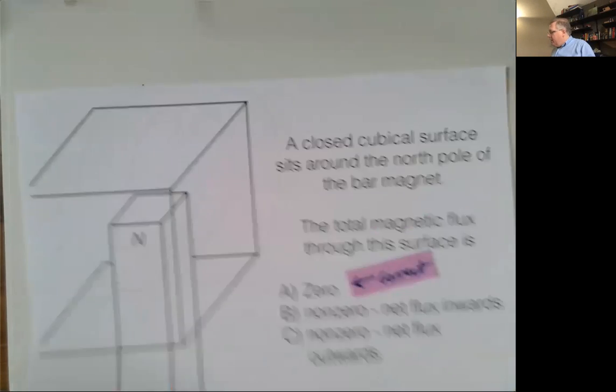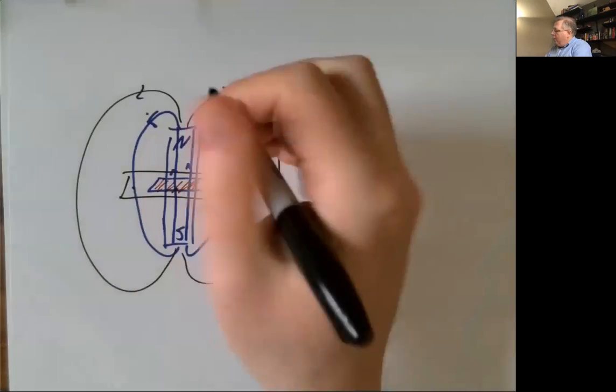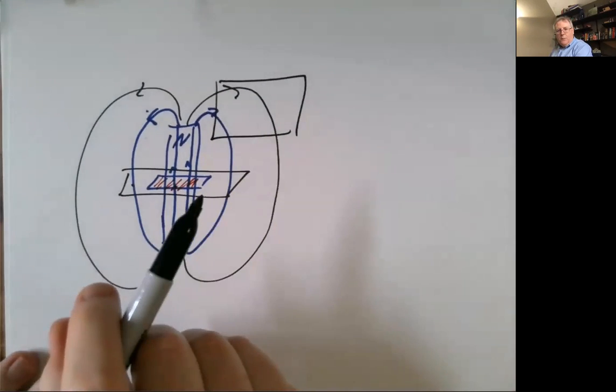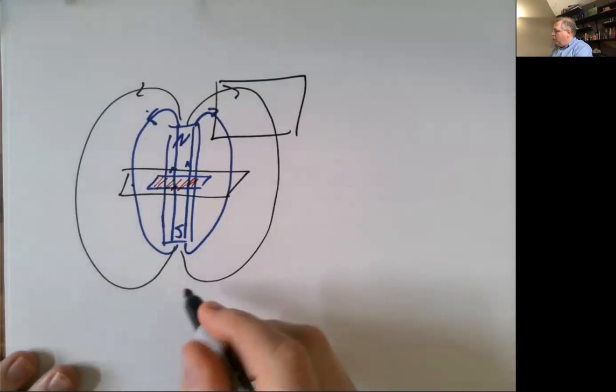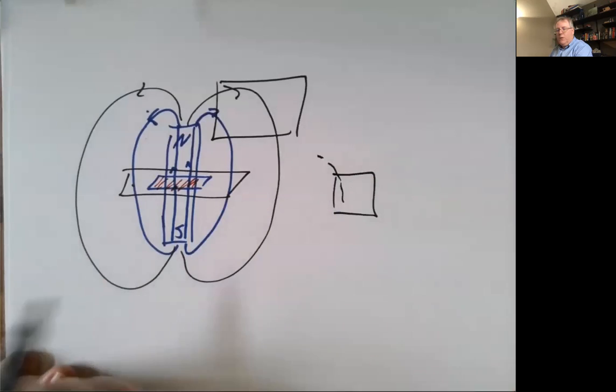Now, in fact, this is going to be true no matter where I put that cube. If I put that cube right here, it's still true that I have the same number of lines punching in as punching out. If I put that cube over here, maybe a single line moves through it like this.